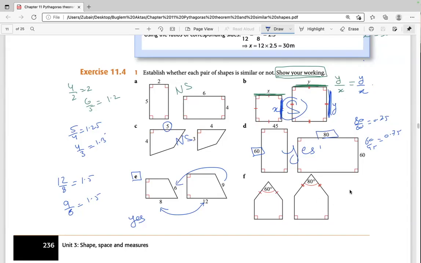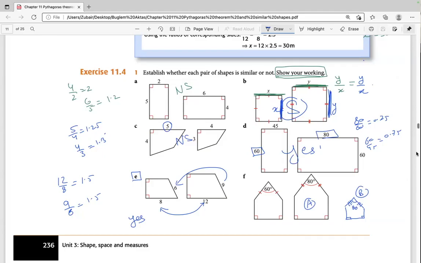And let me draw another one. So we're comparing this A with B and I mark this side and I give this angle as 80. Now what will we say? It's similar because all the angles are the same with each other. Angles are same, and so are in the rectangle, but rectangles may not be similar.